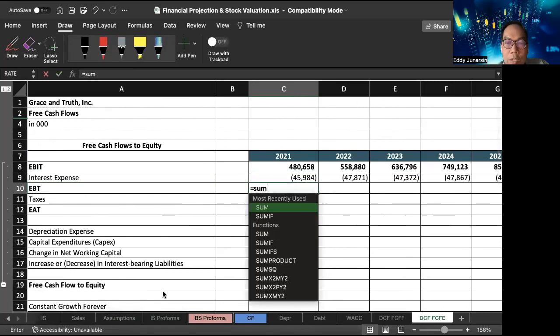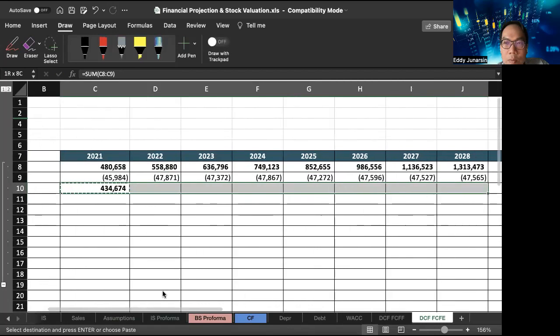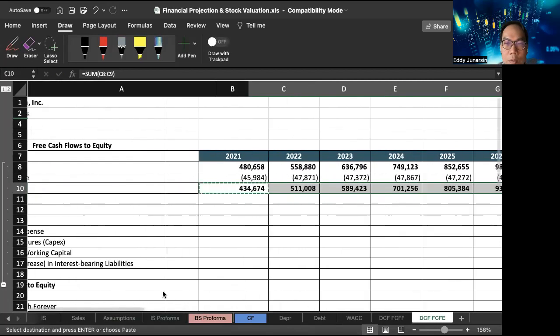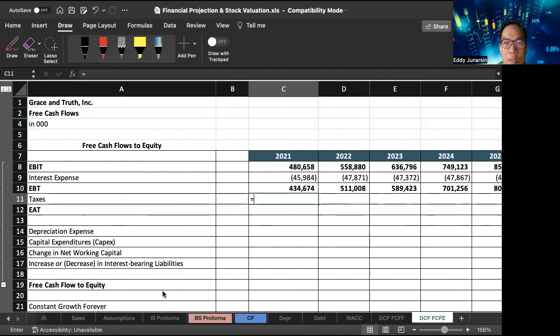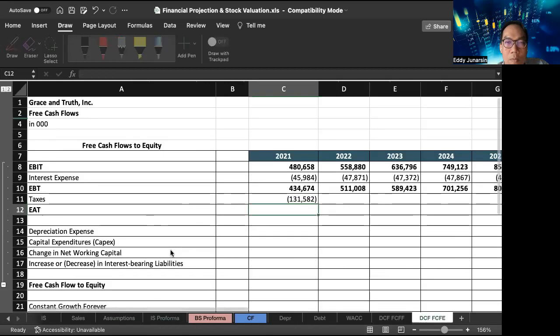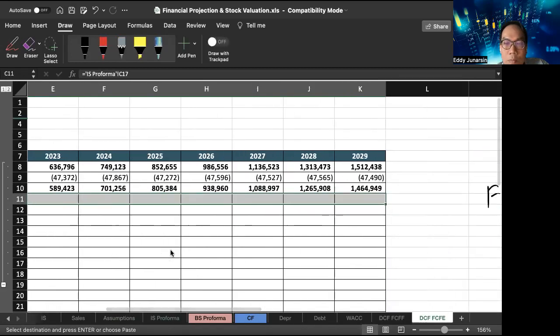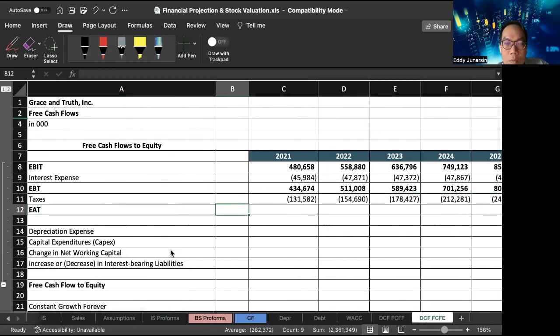So earnings before tax. And the tax amount. Taxes of 21. And then earnings after tax.